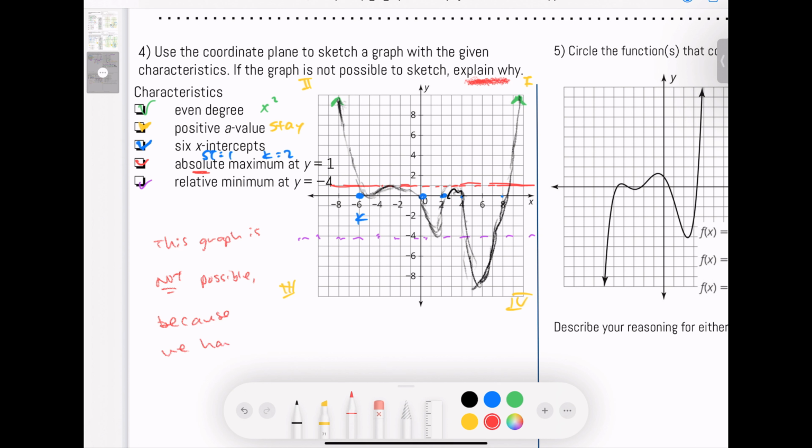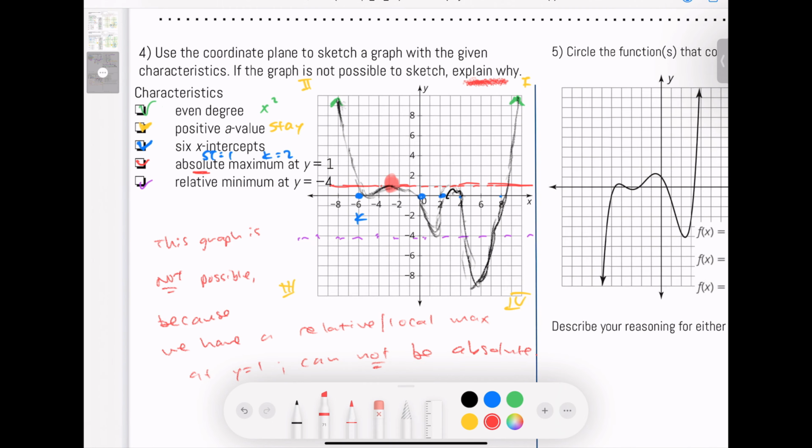We have a relative or a local max at y equals 1. Cannot be absolute. Because at this point right here, the red dot, that has to be the highest mountain or part of the roller coaster, and that's not true because the roller coaster goes higher than that.